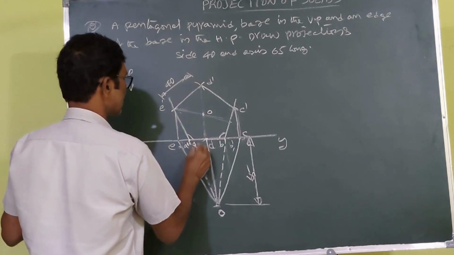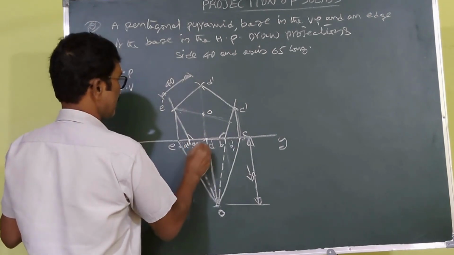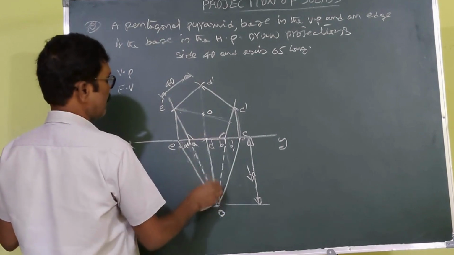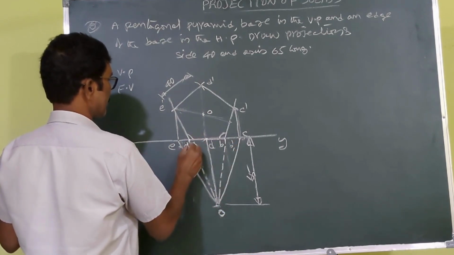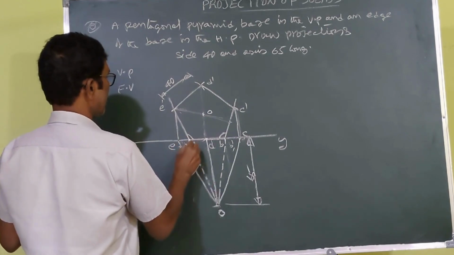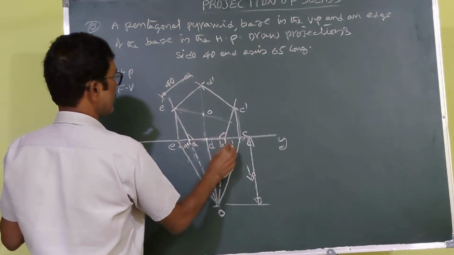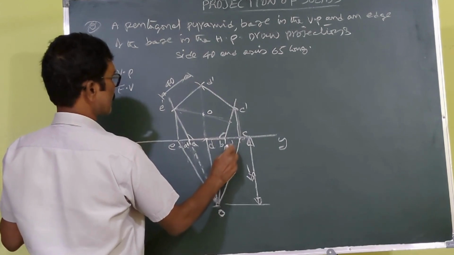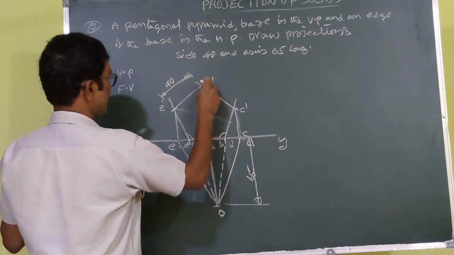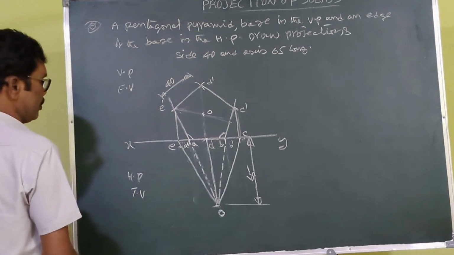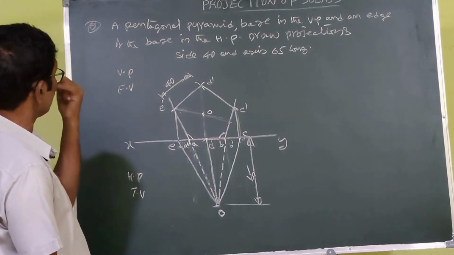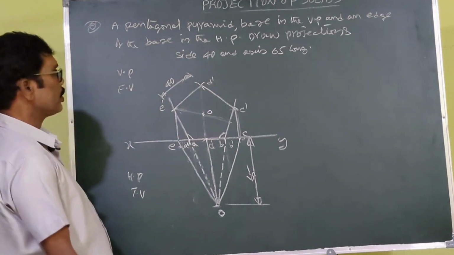A, B, C, D, E are the top view names. A dash, B dash, C dash, D dash, E dash are the front view. This is the way to develop the front view and top view of this problem. Okay, thank you.